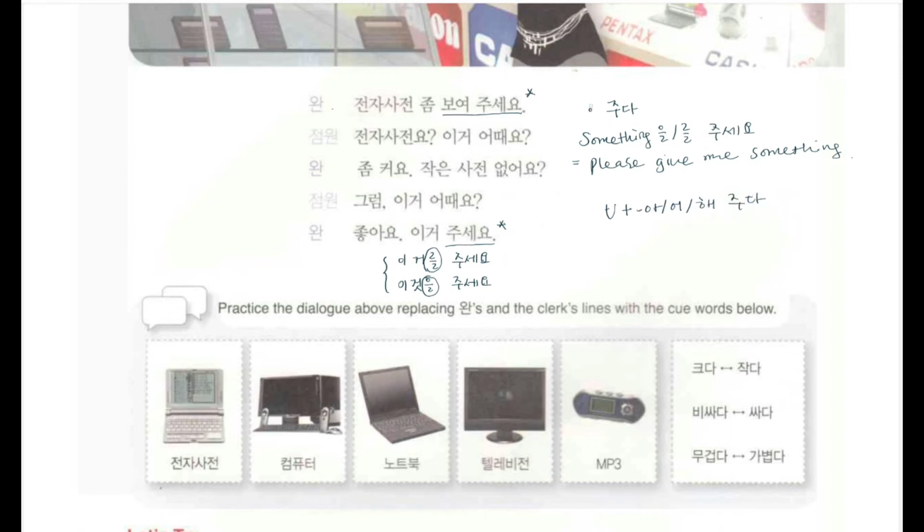This is a separate grammatical item. It means you do this verb for someone else. So if you say 해 주세요, imperative sentence, it means please do something for me. Okay? So these are two different, separate grammatical points.